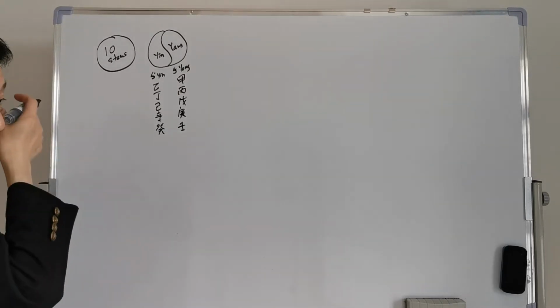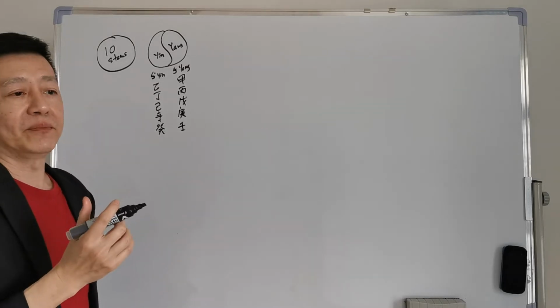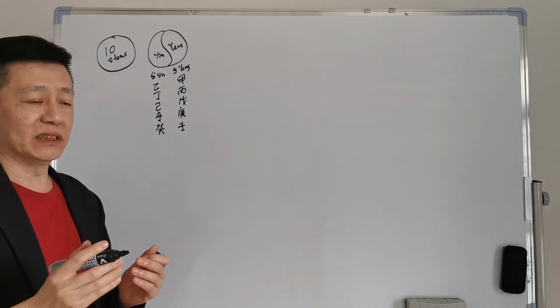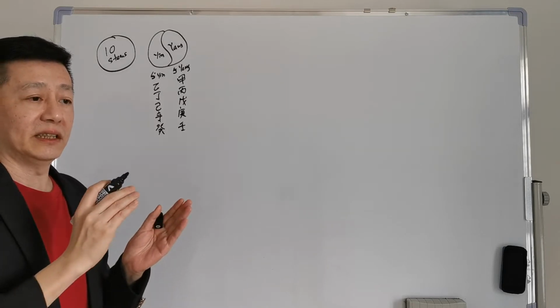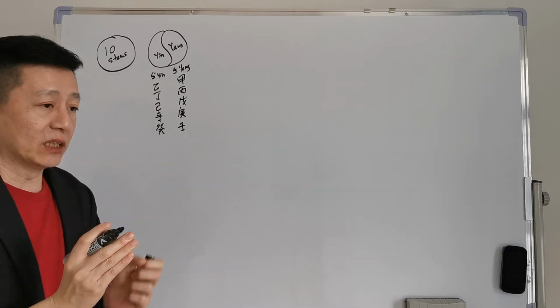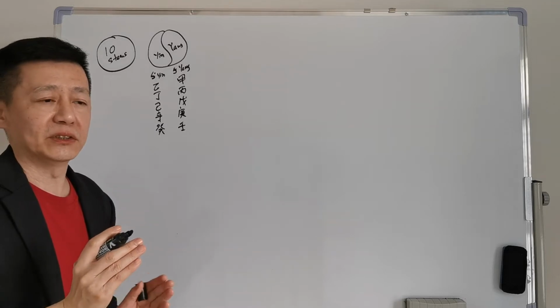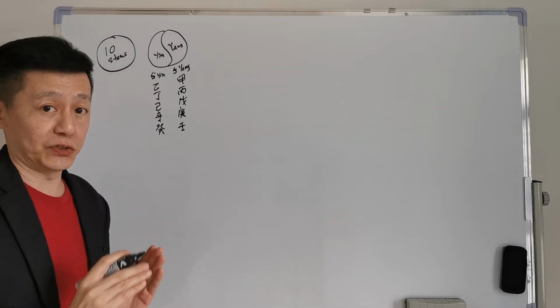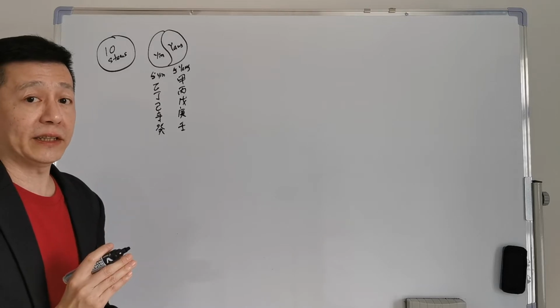So you must also understand which element has strength, which element does not have strength. I don't use good, strong and weak. I use the strength. What does it mean? How do you get the strength?